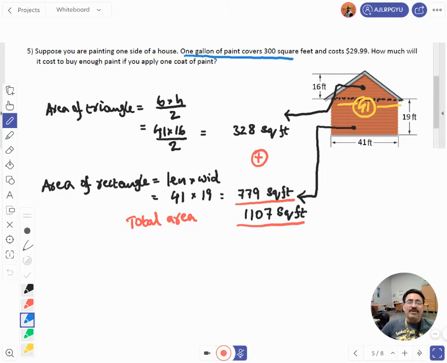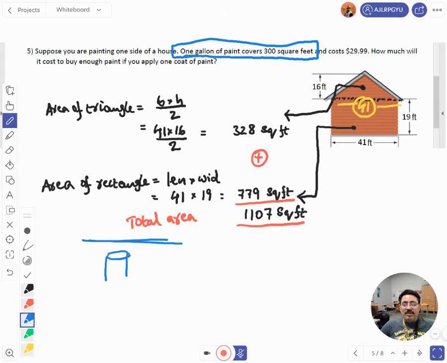1 gallon paint tin covers 300 square feet. Suppose I buy one tin, then it covers 300, right? But I have to paint 1100.